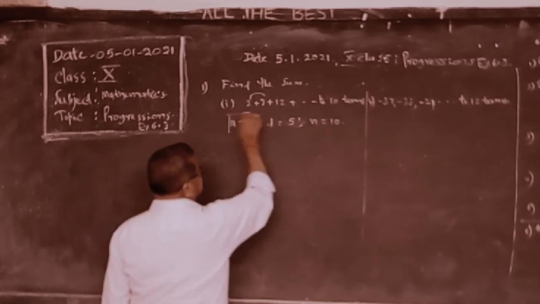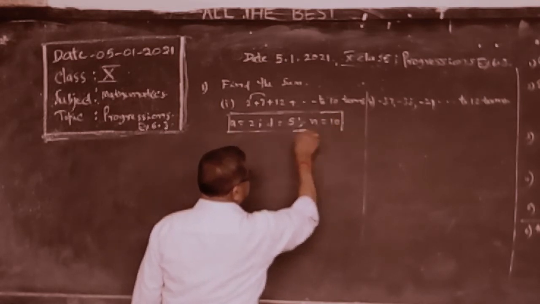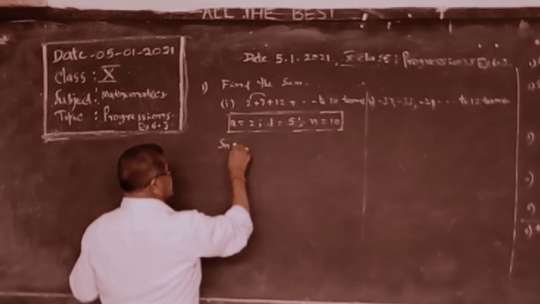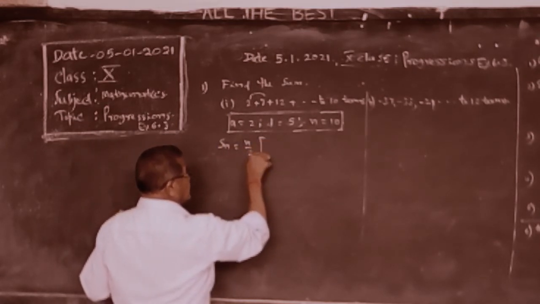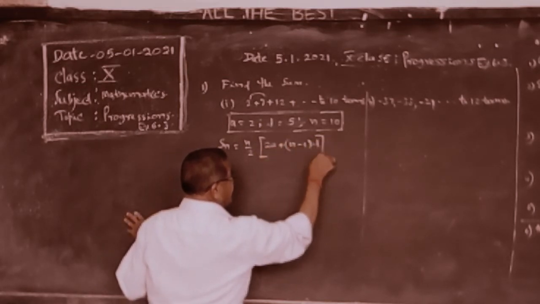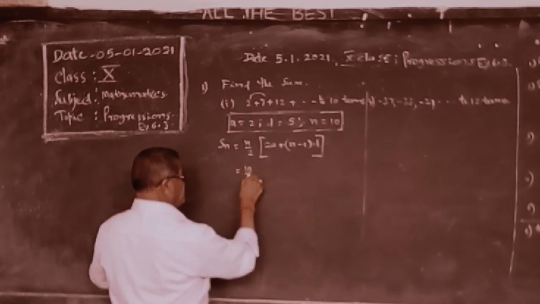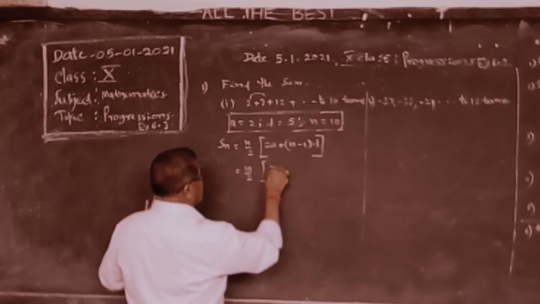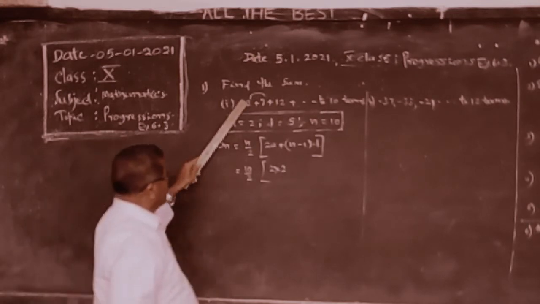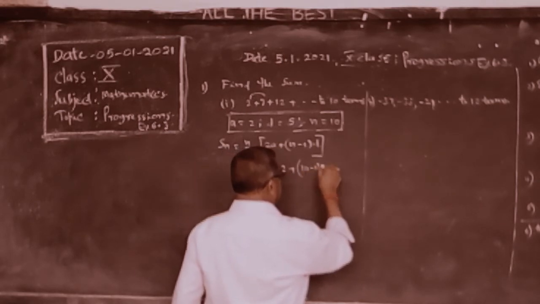Substitute in the formula. First write the formula: Sn is equal to n by 2 of 2a plus (n minus 1) d. What is n? n is 10. So 10 by 2, and 2a, where the a value is 2, the first term, and n value 10, so 10 minus 1, d. d is 5.